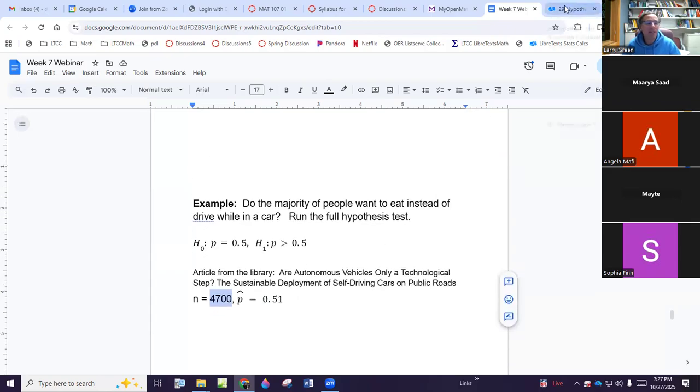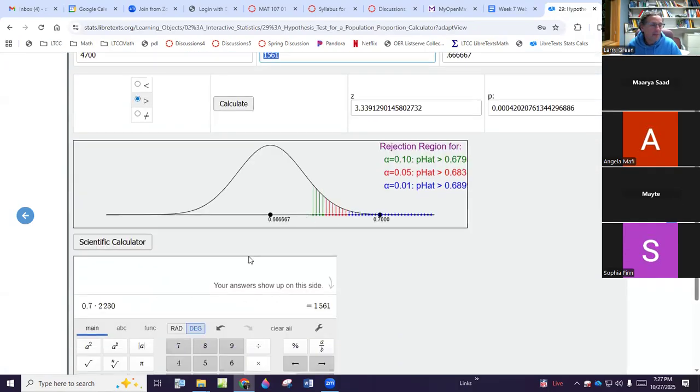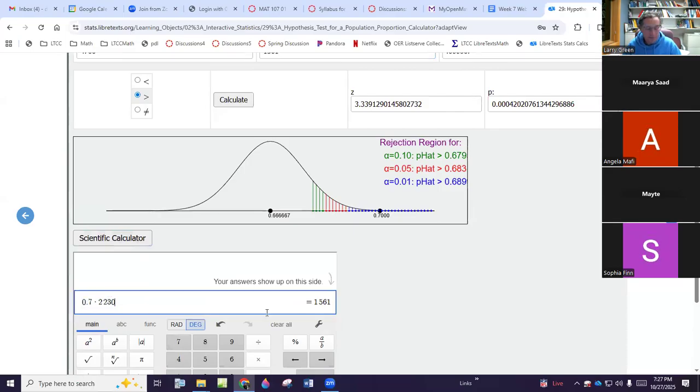And we can just pop it in. 4,700 was n. We had x. We need our calculator. 4,700 times 0.51, and I get 2397.